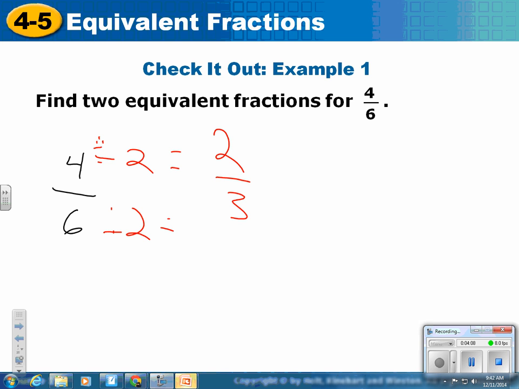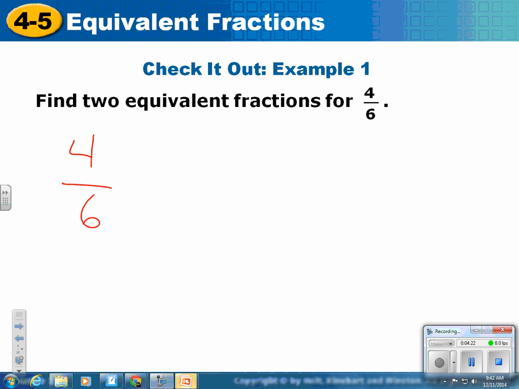Now, our other option is we could multiply. So instead of dividing, let's multiply. We have 4/6, and we can multiply by 2, multiply by 2, and we end up with 8/12. That is also equivalent.